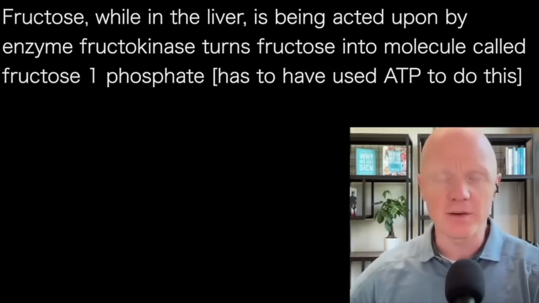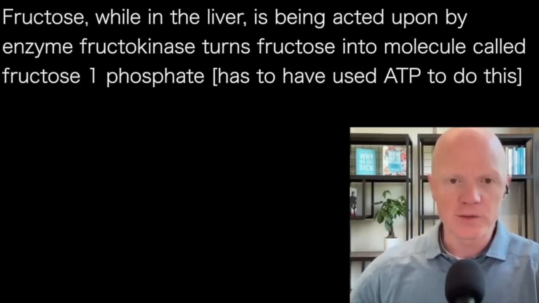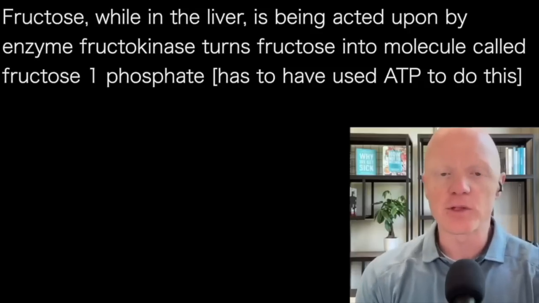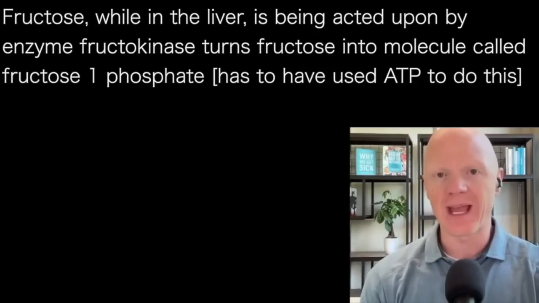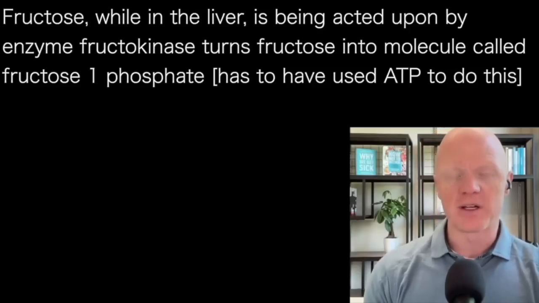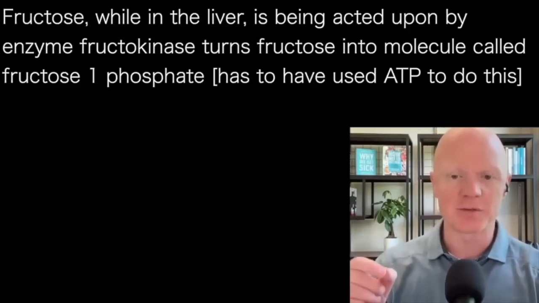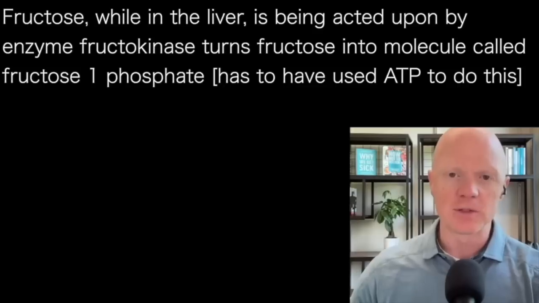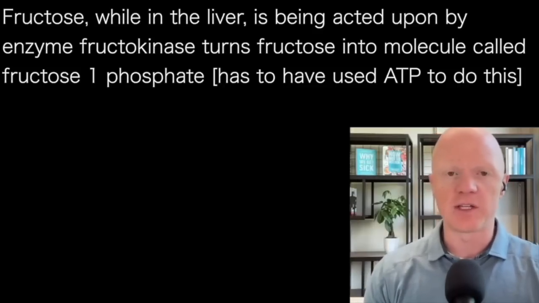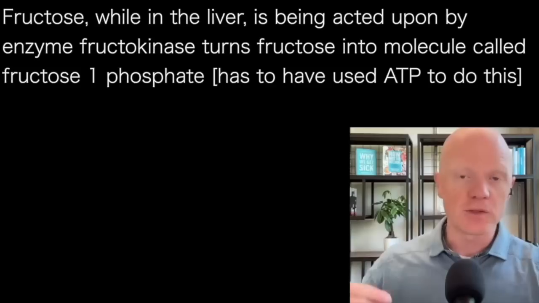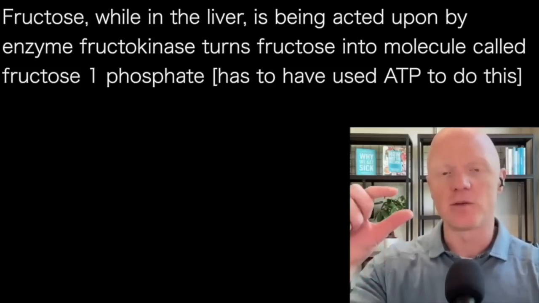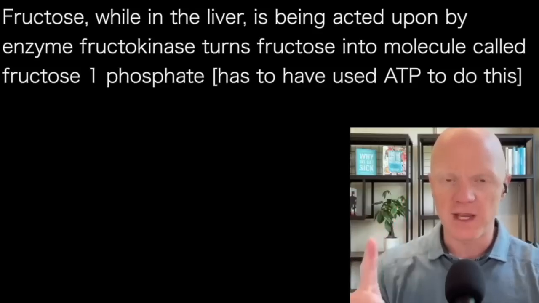Now, within the liver, as the fructose is getting metabolized, it's getting acted on by an enzyme called fructokinase, or sometimes called ketohexokinase. That has nothing to do with ketone bodies, but rather it's a term of specific chemistry where there's a ketone bond within these molecules. So let's just call it fructokinase to avoid any potential confusion. This fructokinase enzyme turns the fructose into a molecule called fructose 1-phosphate.